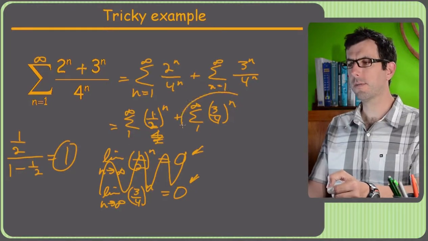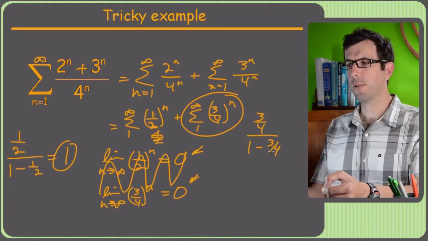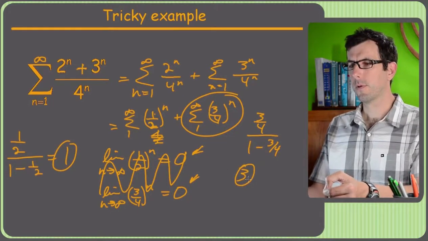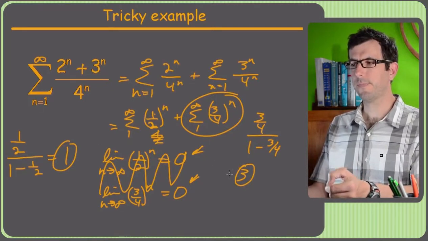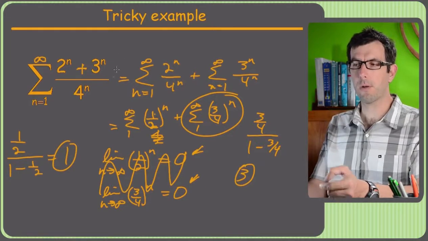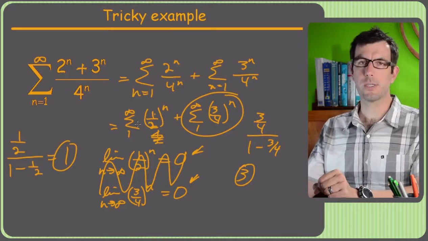And then the sum of this term is just going to be 3/4 over 1 minus 3/4. That's the sum of a geometric series. 3/4 over 1/4 is 3. And then maybe if we had started over with 0, it would have been bigger. But point is, it looks like the sum of this entire infinite series is going to be 4, 1 plus 3. But we'll do that in the next video anyway for a geometric series.